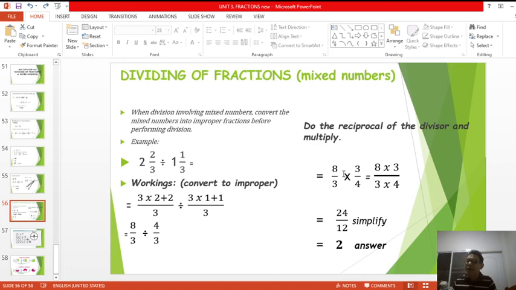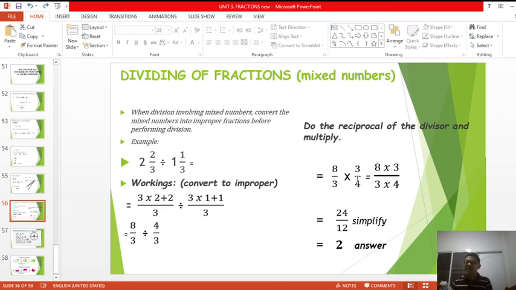Change the mathematical operation from division to multiplication. So we've got the multiplication sign here. And after that, do the reciprocal of the divisor. So from 4 over 3, it becomes 3 over 4. So like reverse position.